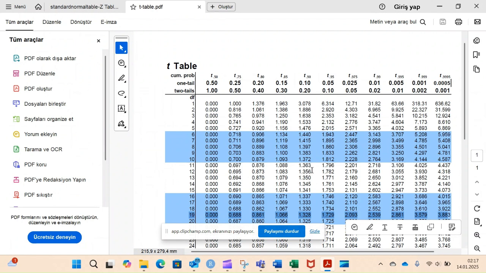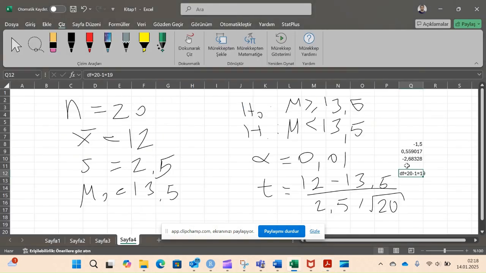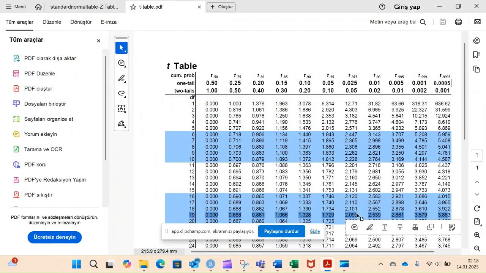So we take the positive value of the t, 2.68. Looking at 2.09, 2.5, 2.8, the value is between 2.5 and 2.8.